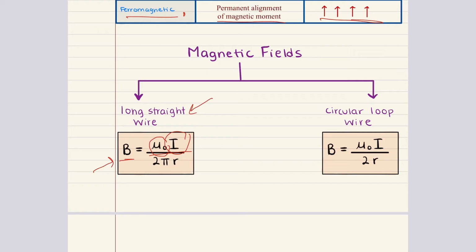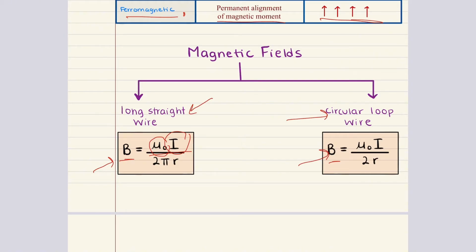We also have circular loop wires that we want to discuss. So something similar occurs here when the current flows through a circular loop of wire. The magnetic field at the center of the loop is given by this equation. Here, B is the magnetic field strength.